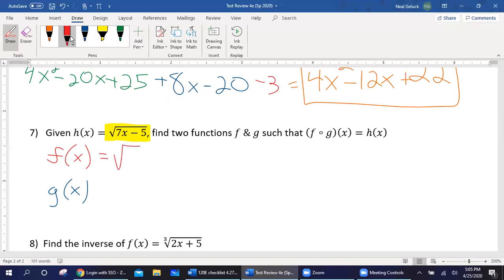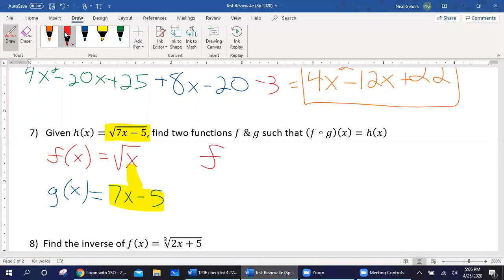The first function could be square root of x for f. The g function could be 7x minus 5. So that's a possible answer, because if I took 7x minus 5 and I plugged it in for x, it would give me the original h function. There is another option here.